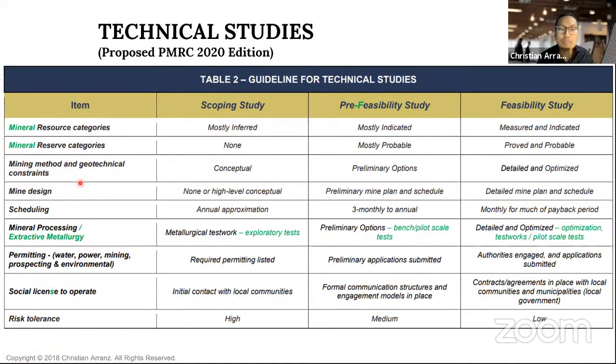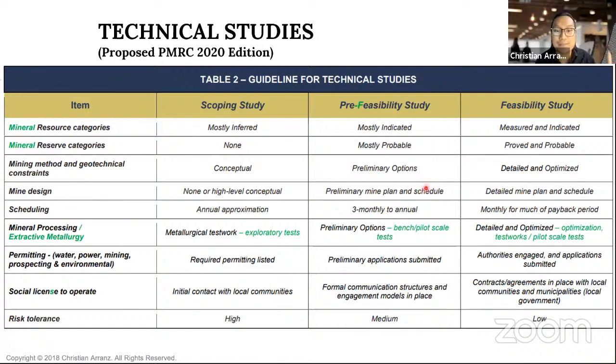And then, mining method and geological constraints. If you remember, this is conceptual in scoping, preliminary options in pre-feasibility, and detailed and optimized in feasibility. In mine design, halos wala pa, or high-level conceptual, ibig sabihin very crude or rudimentary pa yung mga ideas nyo about this.